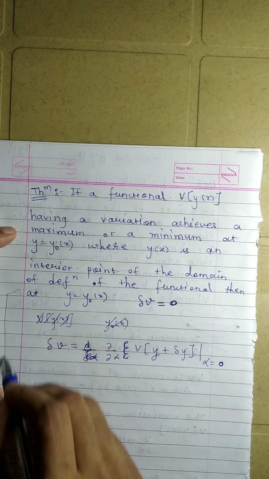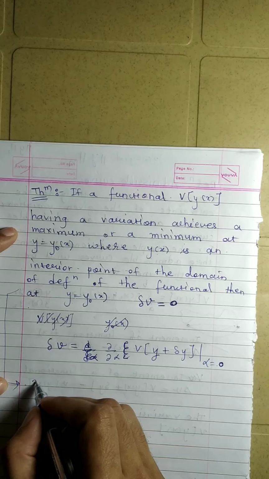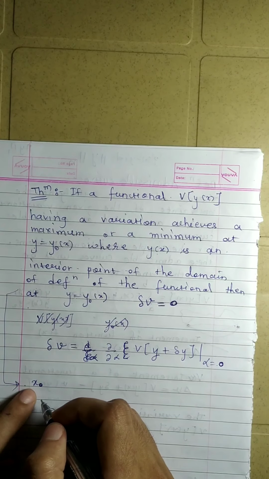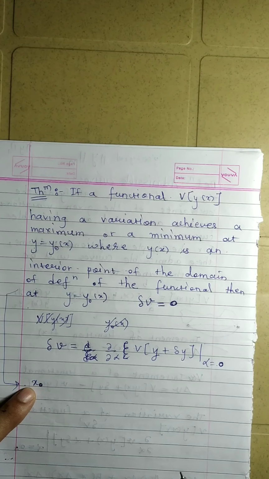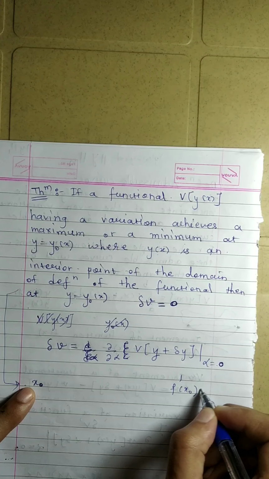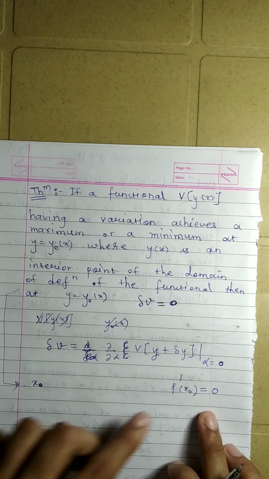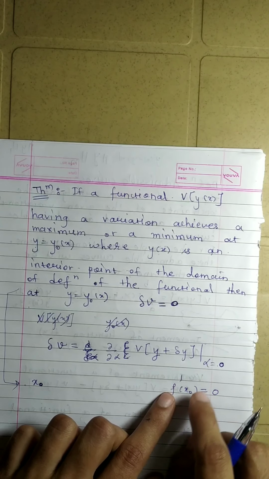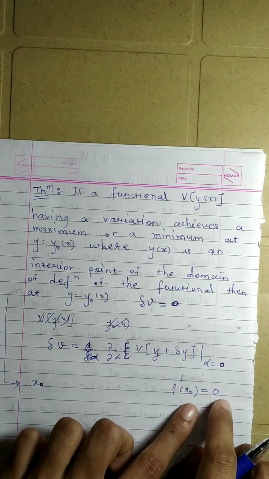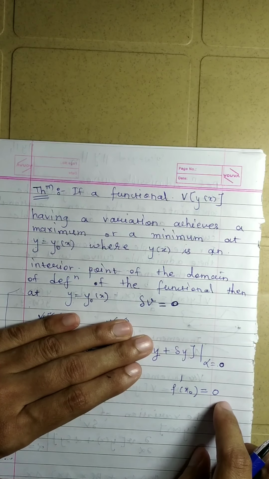Like if you want to relate this to one variable, what we say is, if at the point x naught the function is attaining the maximum, then what happens? f dash at x naught is equal to 0. So that is the condition for having the extremum, minimum or maximum: f dash at x naught is equal to 0. Similarly you can remember it here.